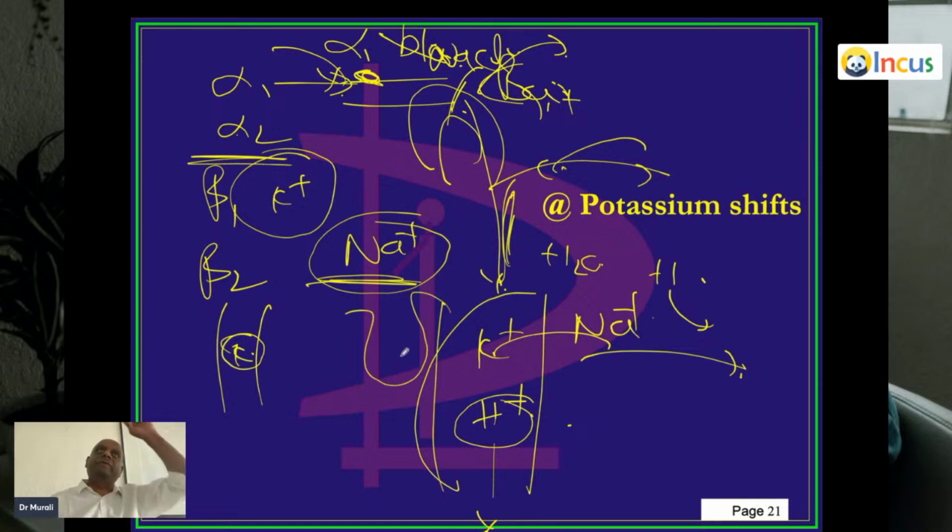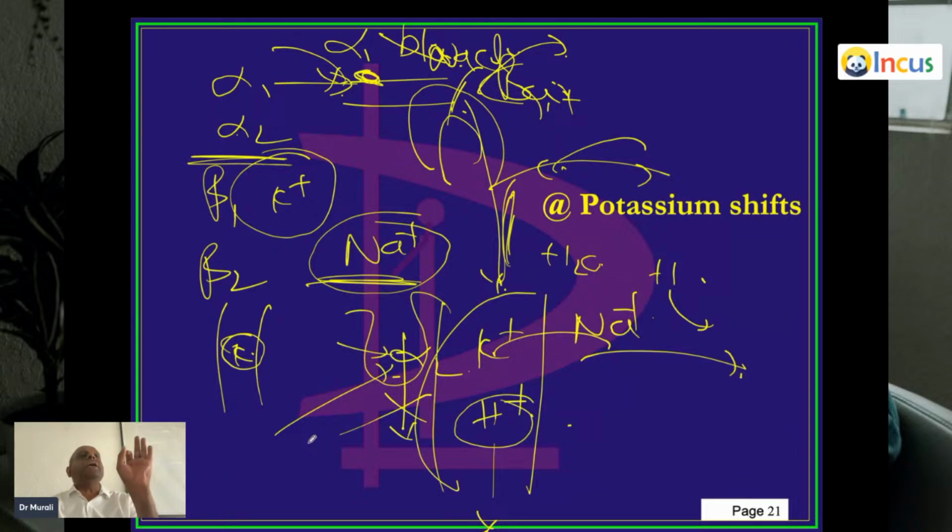Right? Then alpha 2, where is it located? It is located in our brain, central alpha 2. The moment alpha 2 is stimulated, what will it do? It will block the sympathetic outflow from the brain. Blocking sympathetic outflow will lead to vasoconstriction or dilatation? Vasodilatation.